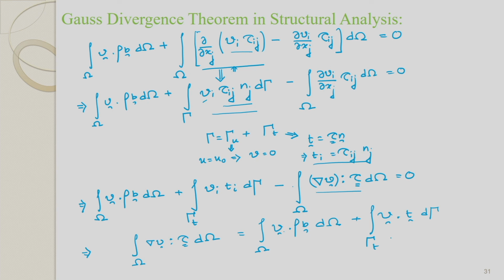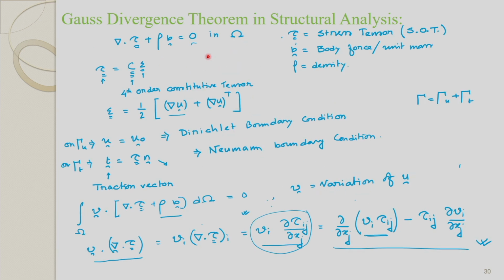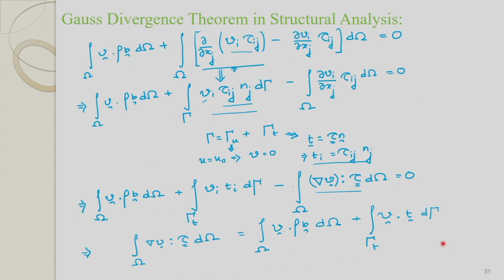So this is the final variational statement where we have taken care of all the boundary conditions. You can understand that in order to take care of this boundary condition, we have to use Gauss divergence theorem, and for that purpose we have to express the entire integrand under del xj, and for that purpose we have used this product rule.